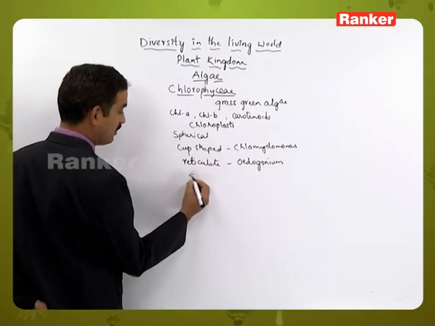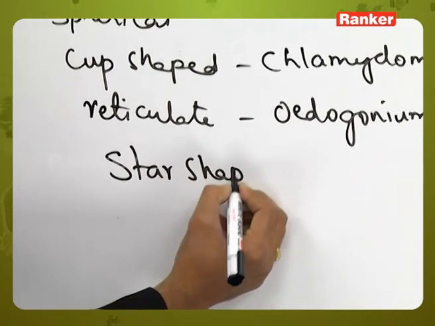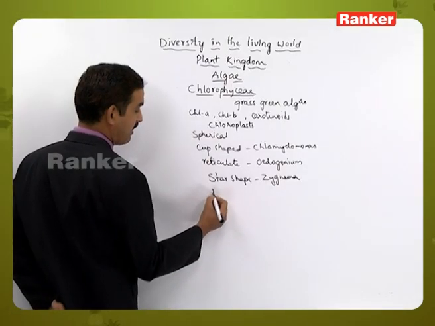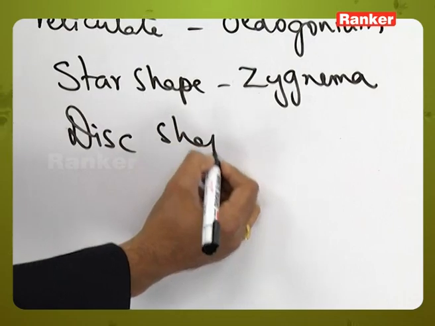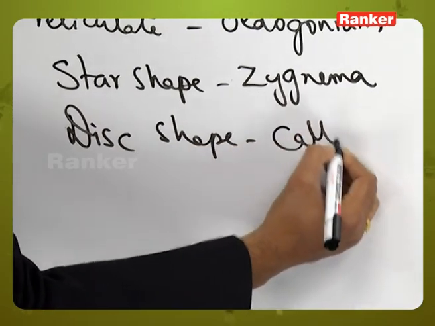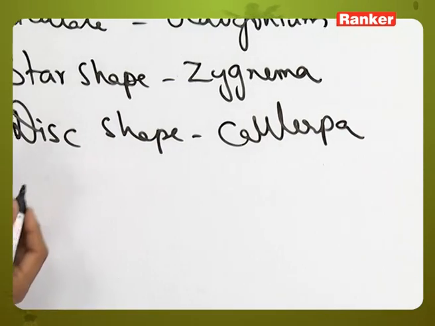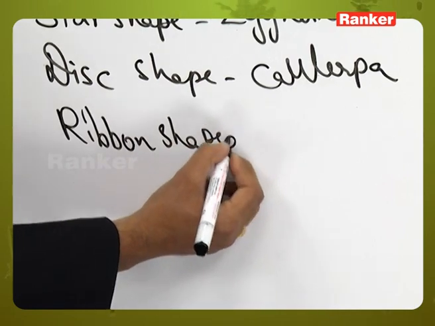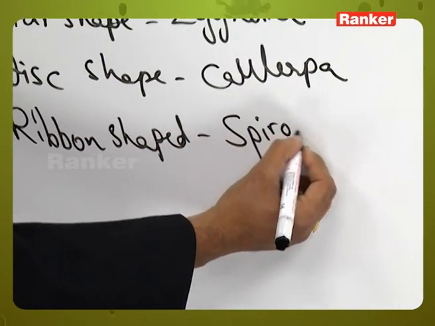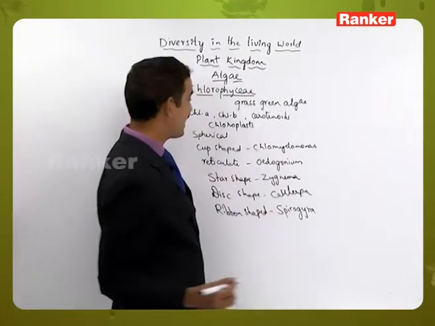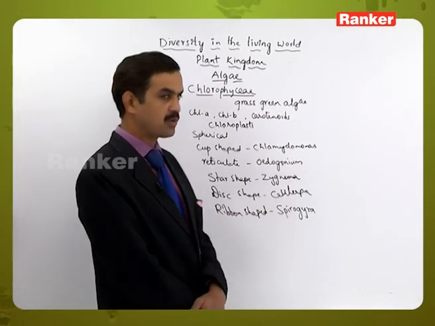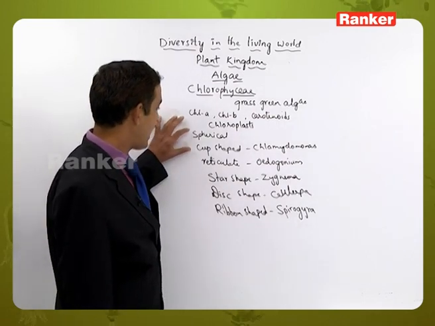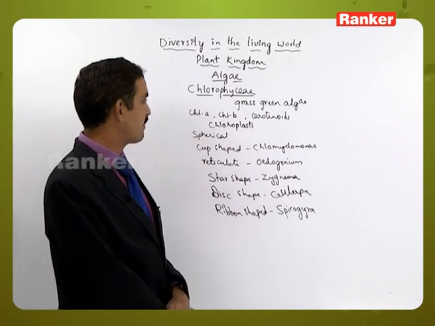Some will have star shape in Zygnema, disc shape in Caulerpa, and ribbon shape in Spirogyra. Likewise, different types of structures are there in different algal members, but the basic thing is all these have the chloroplast in which the chlorophyllous pigments are present.